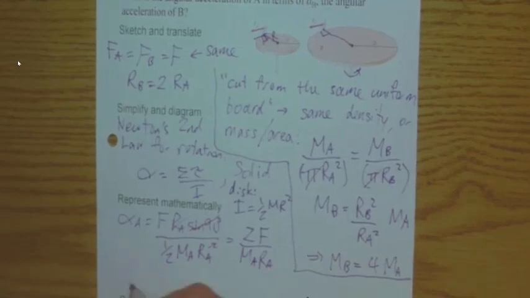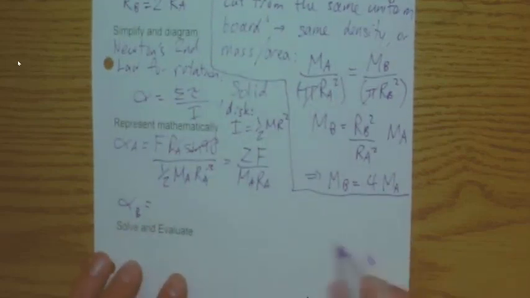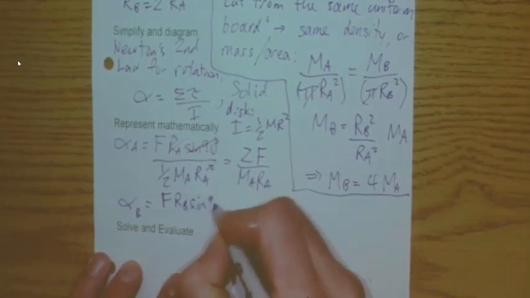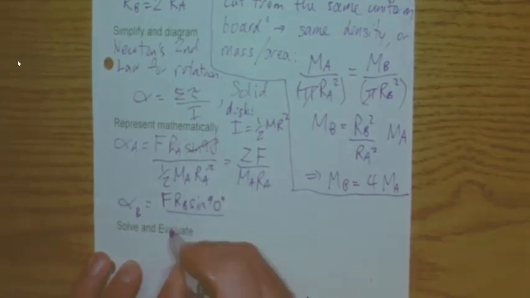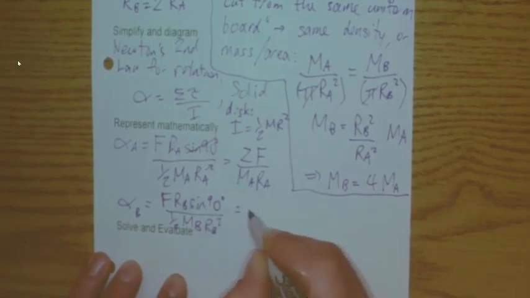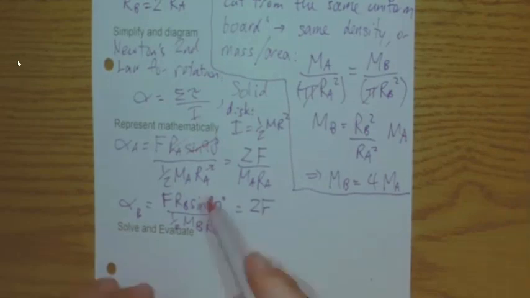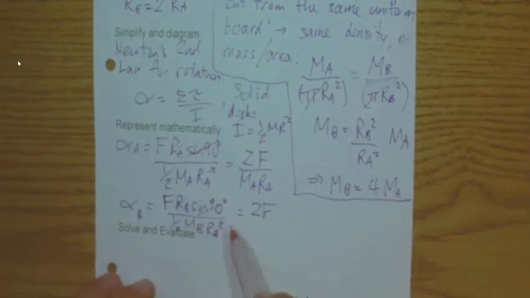And then the rotational acceleration of B is equal to, again, F times RB times sine 90 divided by a half MB times RB squared. So that equals 2, same sort of cancellations. The sine of 90 goes to 1, and the RB cancels the RB squared.